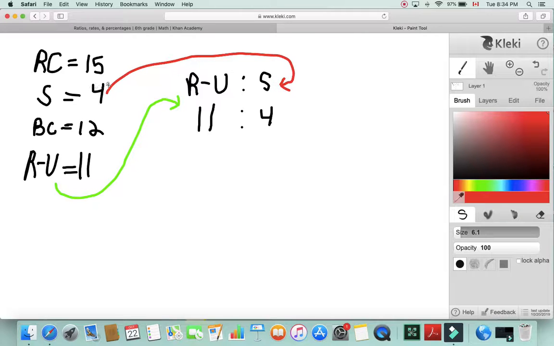Each of them has a number. This one has 4 and this one has 11. And we just pop that in there into the answer, and we can just say that's the answer.